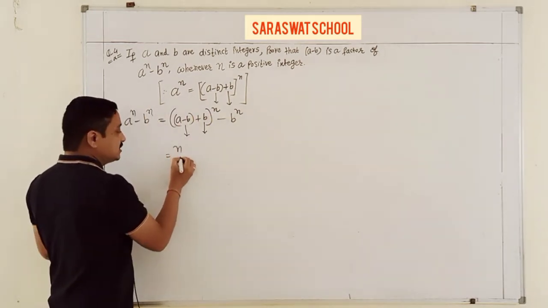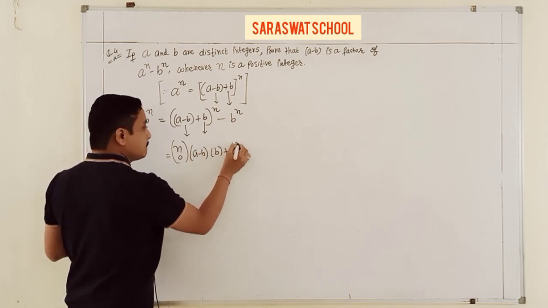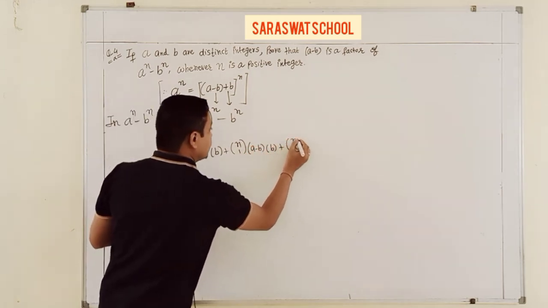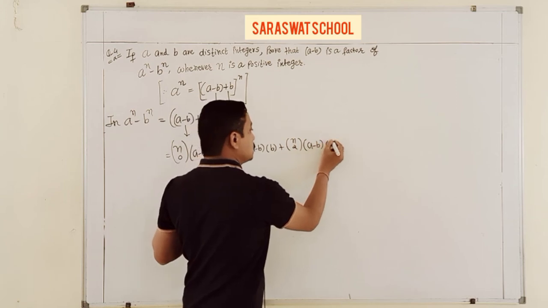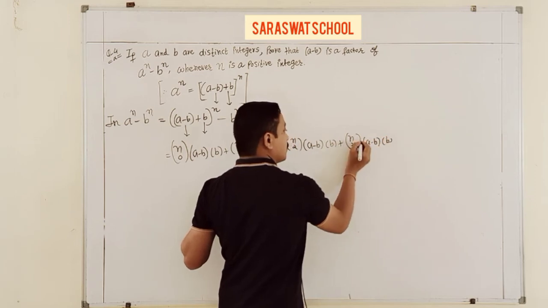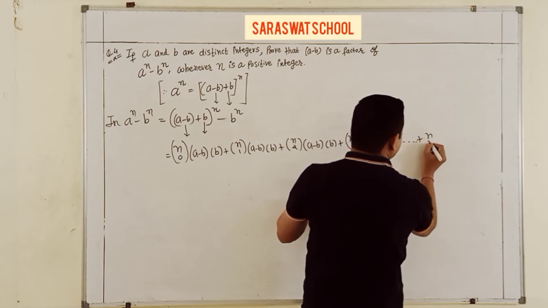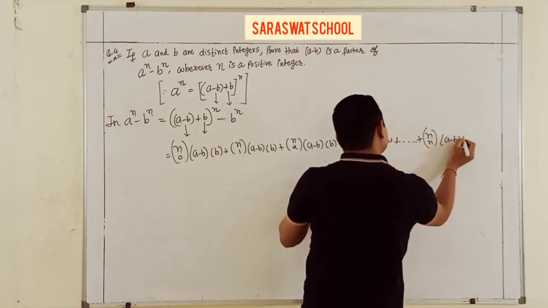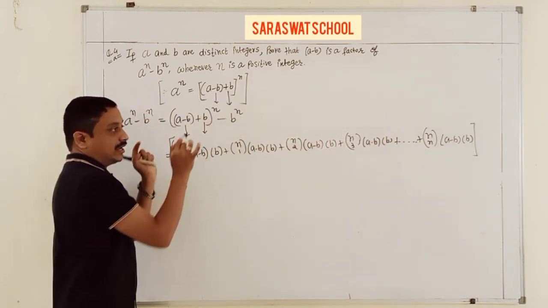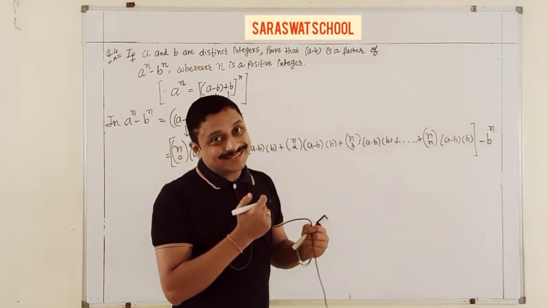It is very easy: nC0 (a minus b) with b, nC1, nC2, nC3. Very easy but lengthy. Plus nCn, (a minus b) b. This expansion is only for this one, and minus b raised to n, students, as it is.